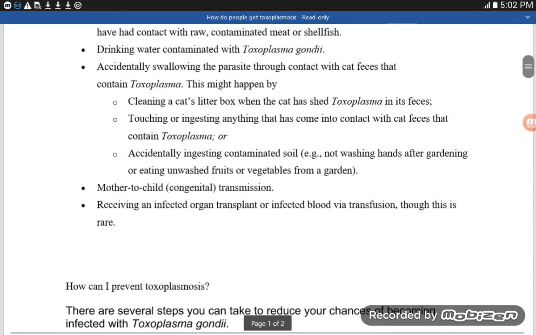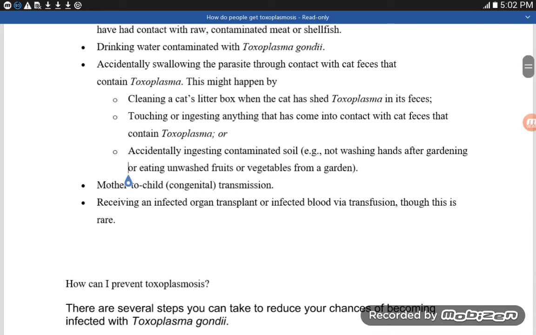Mother to child. This is what we call congenital transmission. That means if the mother is contaminated with toxoplasma infection, it is transmitted to the child through the placenta. If the mother is contaminated, we have to check. Normally we use the TORCH test.